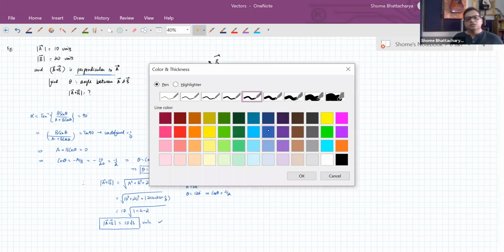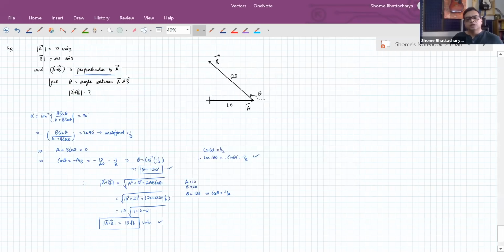Because it is given to us in the question that the resultant of A and B is perpendicular to A. So again, we are dealing with a right angle triangle, but this time this angle is 90. The angle between the resultant sum of A and B, and A is 90. So you can see this information here will correspond to this. So we can also solve this as a triangle. So we can see that mod of A plus B is just that side.